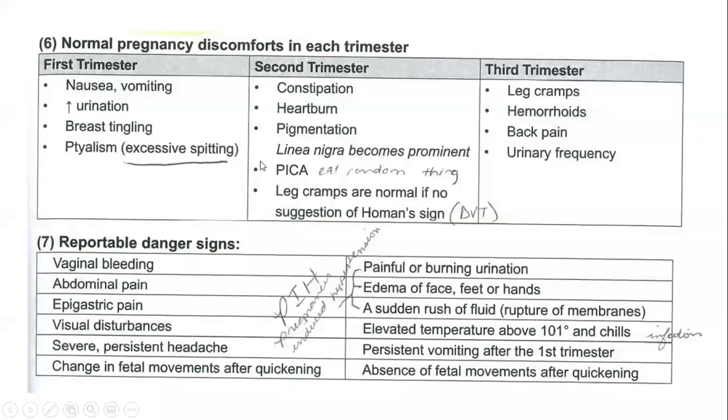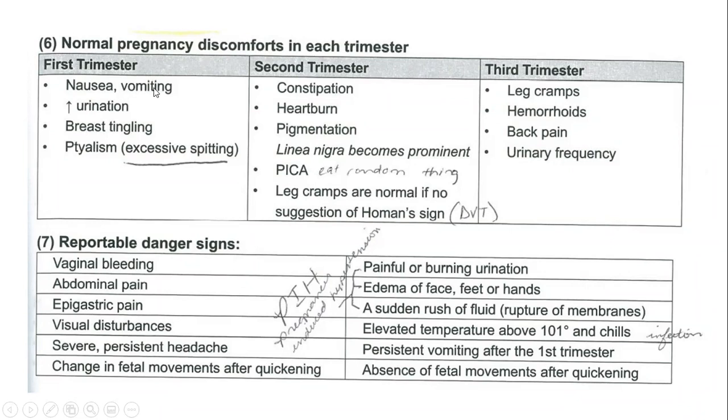In this table, we can compare and contrast the acceptable signs, the normal pregnancy discomforts in each trimester.